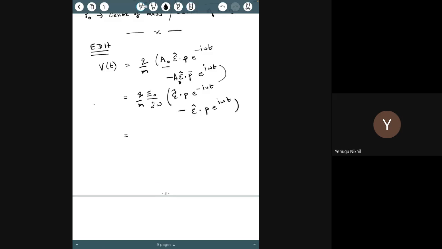Not very sure. Let's see. So this is this. Now finally I don't want an i actually. So if I convert this now to the sine form, I will end up with an i. So that's what I don't want.